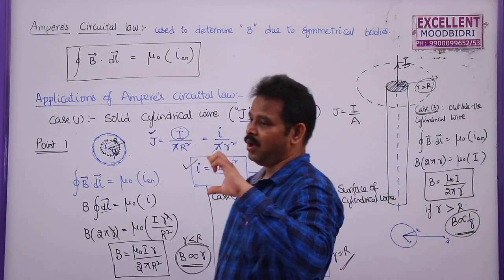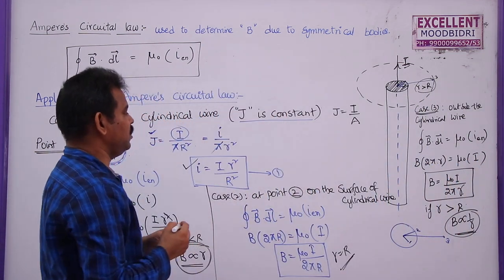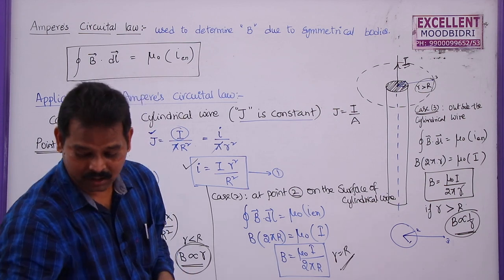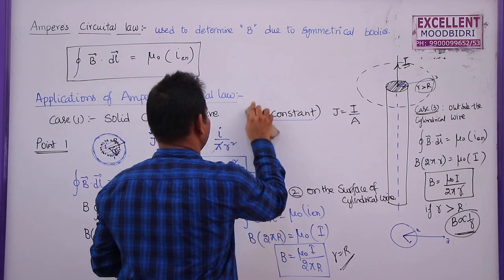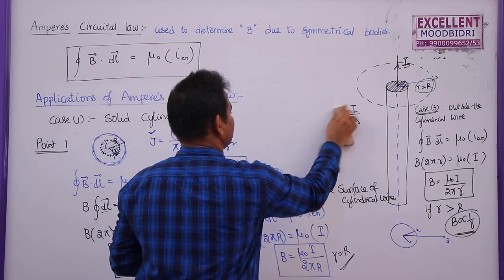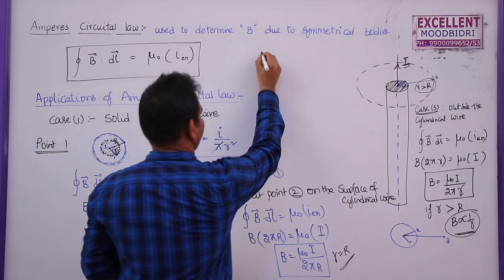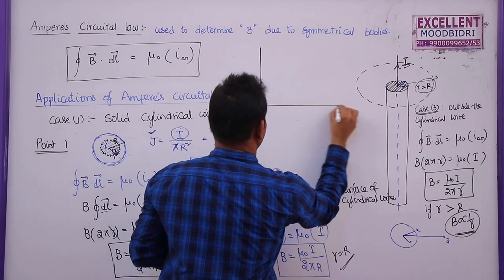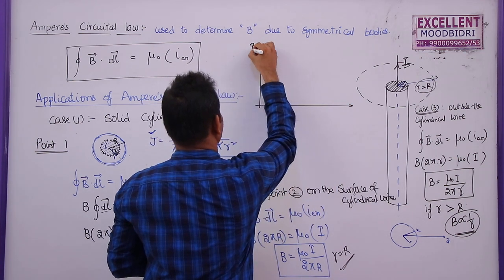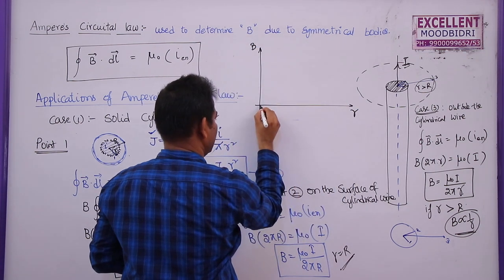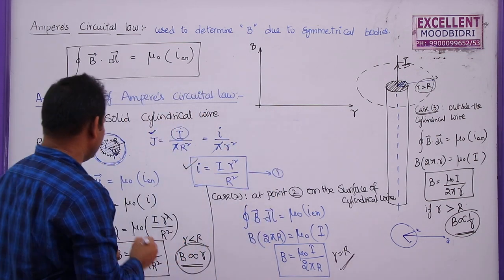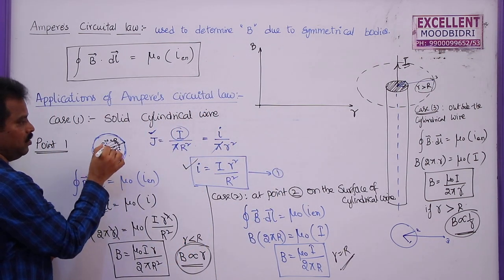Now if you want to find the variation of magnetic field with distance for a uniform cylindrical wire, I am going to take B along the y-axis and r along the x-axis. When r is equal to 0, that means at the center, the enclosed current will become 0.